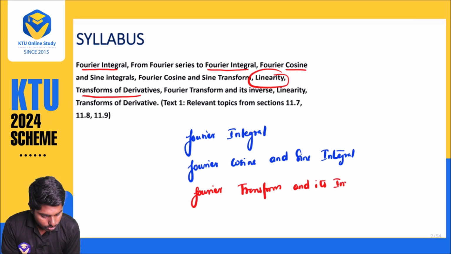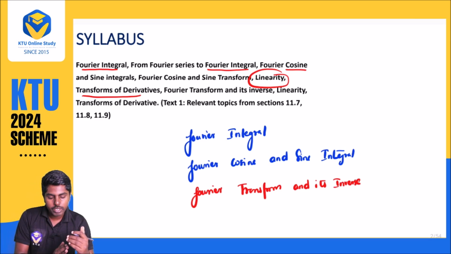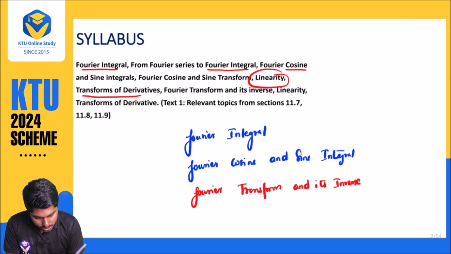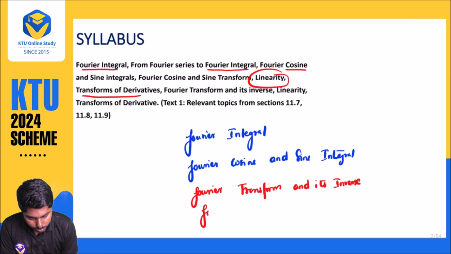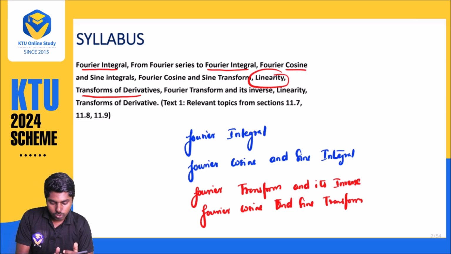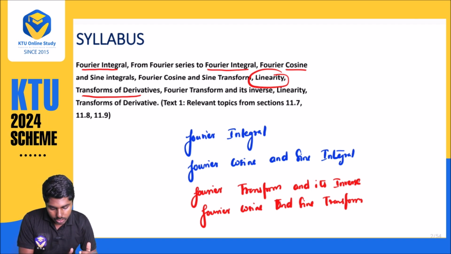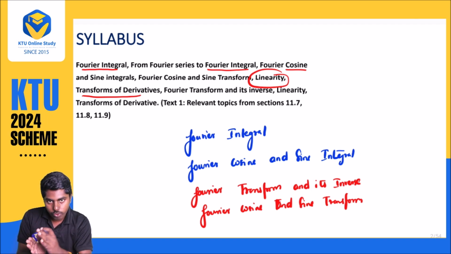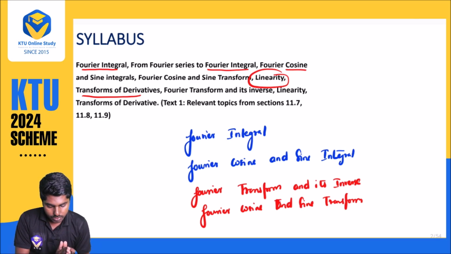Once we have completed the Fourier transform and its inverse, we can solve the questions on the Fourier cosine and sine transform. This is the order we want to go, because the syllabus is given in a mixed order: Fourier integral, Fourier cosine and sine integral, Fourier transform and its inverse, Fourier cosine transform and sine transform.